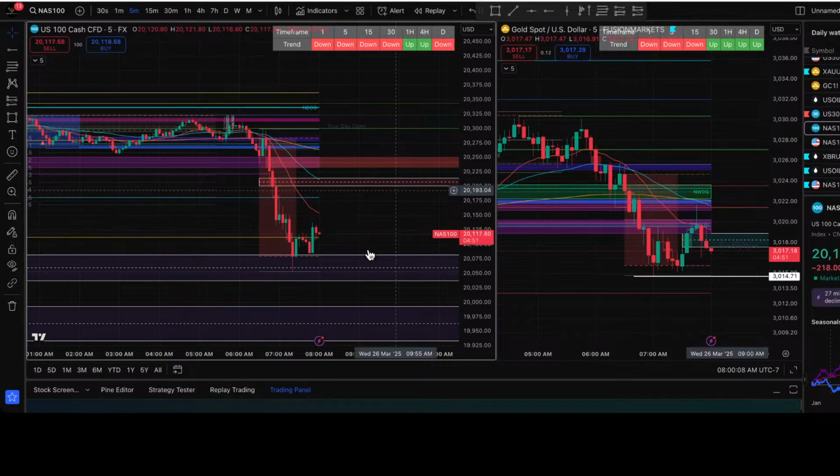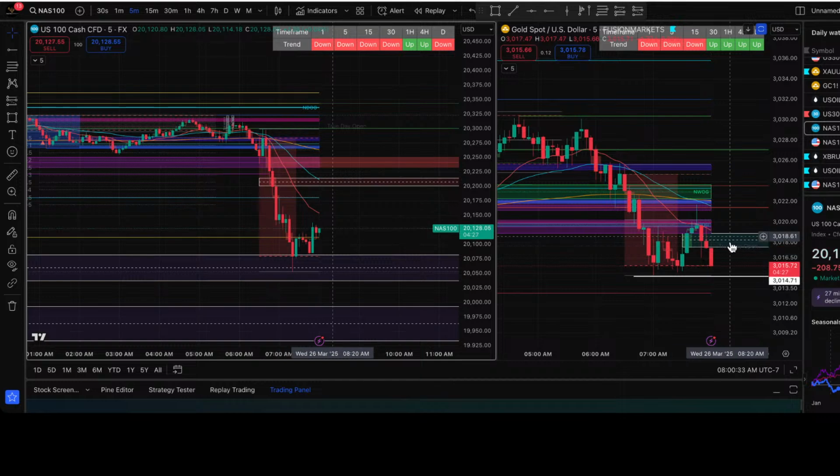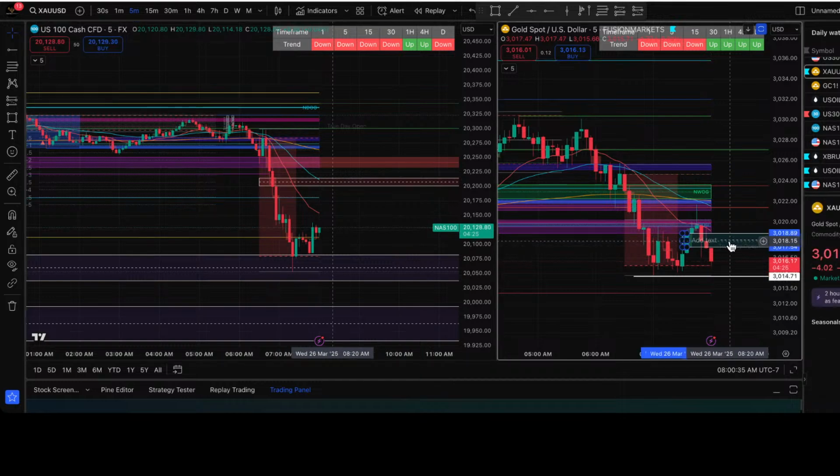We did today. Still no confirmation on gold, but again, bouncing clean off that purple zone. If it was going to go up, it would have done it from this fair value gap. Let's see if we wick here, or if we close under. If we violate it, then we'll just move and get rid of this fair value gap.